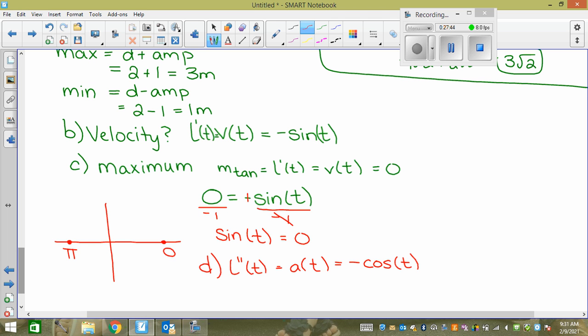So we answered what time it was at a maximum. If they asked what position it would be at a maximum, it would be 3 meters, right? That's the highest it went to.